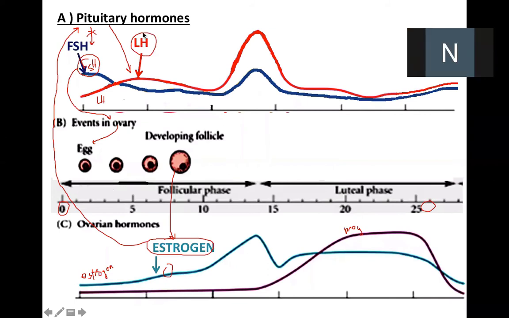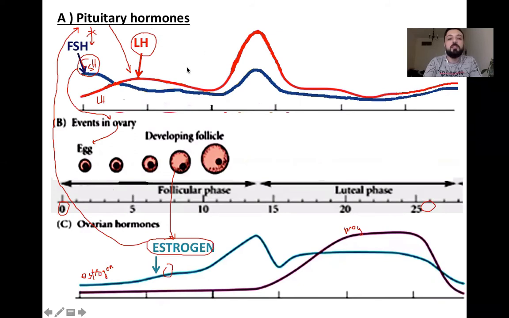The new hormone is LH. The increase in LH will lead to further development of the follicles. The follicle will reach full maturity once the LH levels reach their maximum.